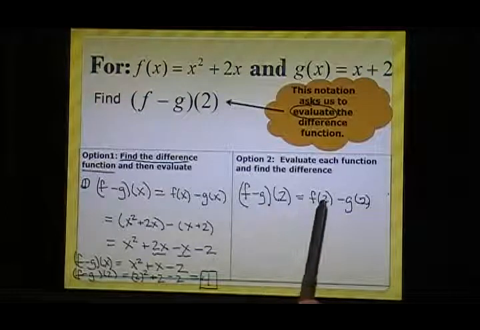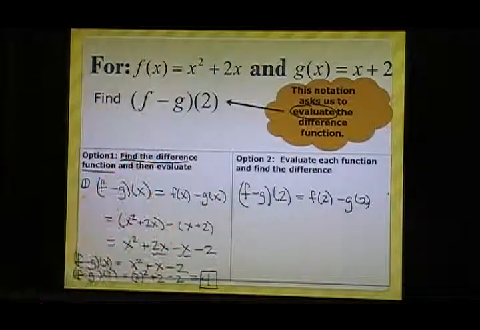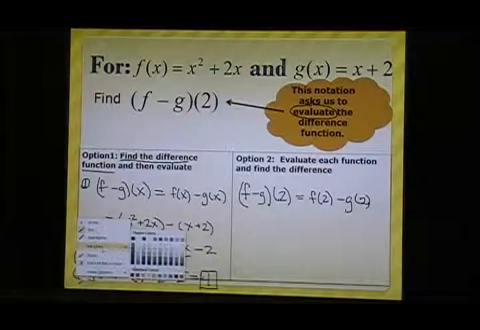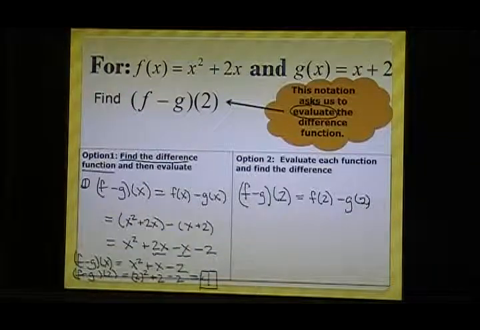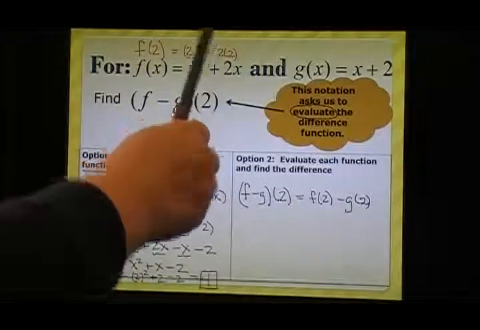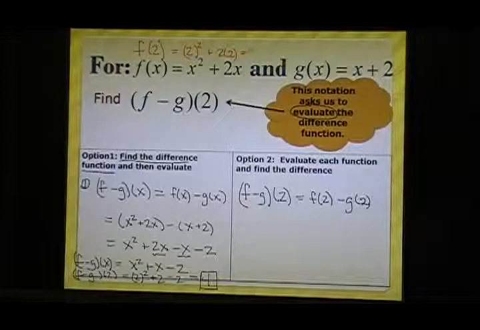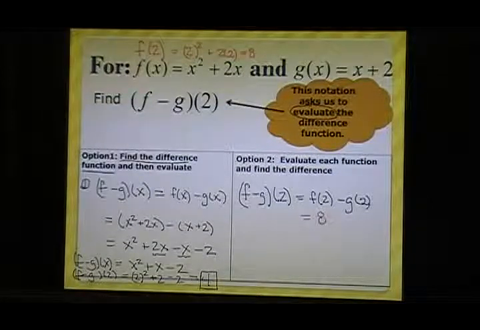To find f of 2, I substitute 2 into f. Let me change my ink color. Red. So f of 2 is 2 squared plus 2 times 2. So 4 plus 4, that is 8. So f of 2 is 8.